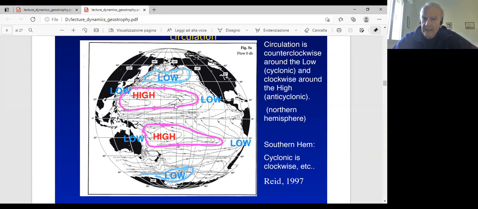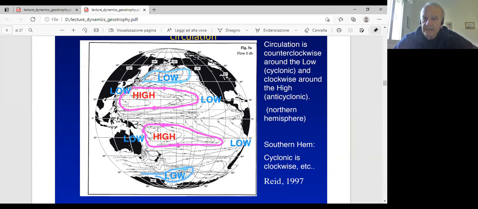If we remember the geostrophic flow characteristics, that means that around this high and around this high we will have clockwise flow.